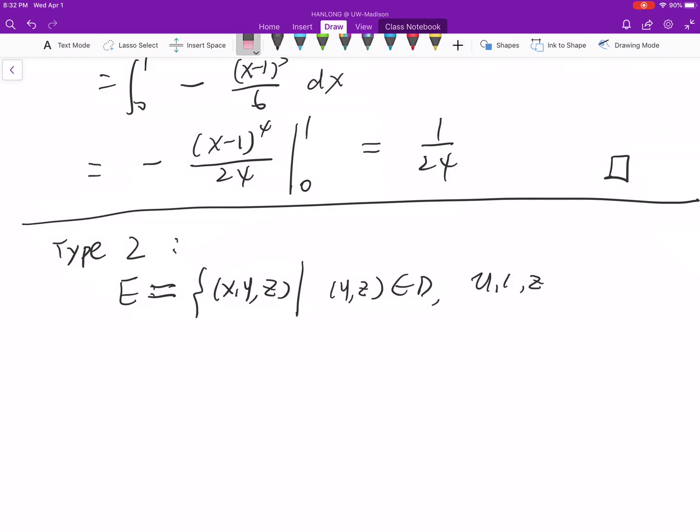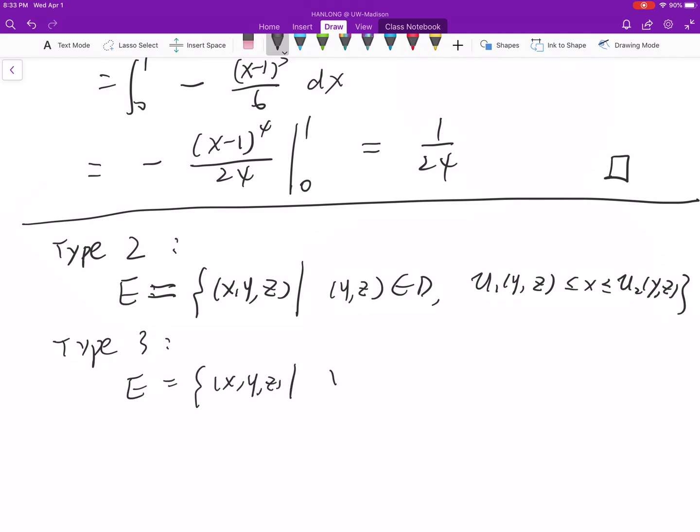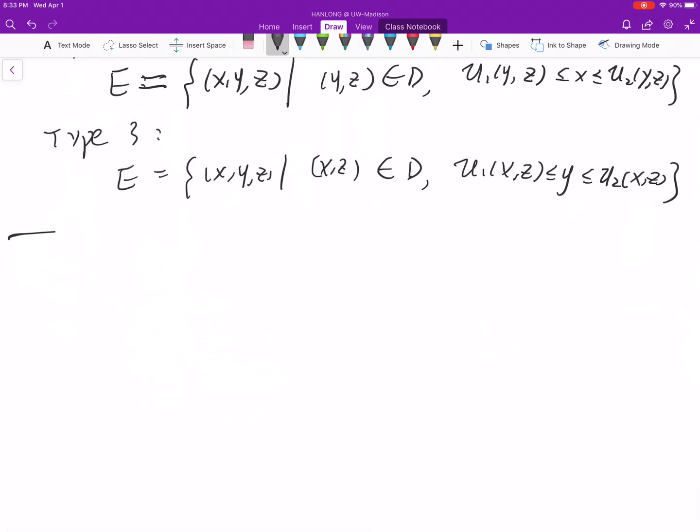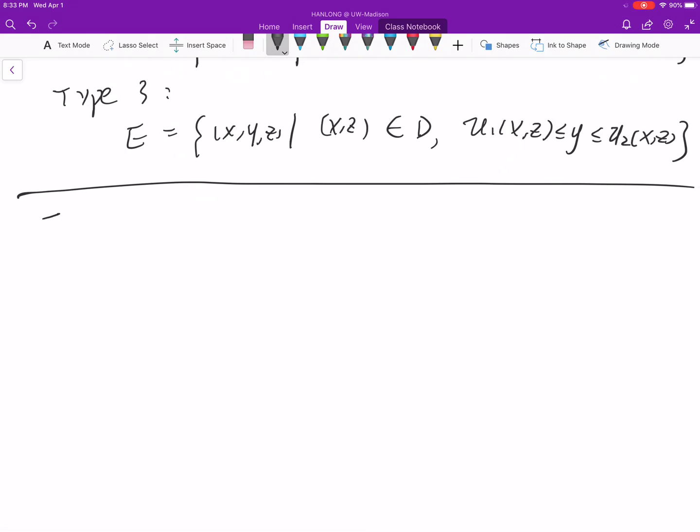Okay, so here you project to the yz domain, and x is bounded by 2 graphs. And the type 3, you are projecting to the xz domain. y is bounded by 2 graphs. Look at the example here.